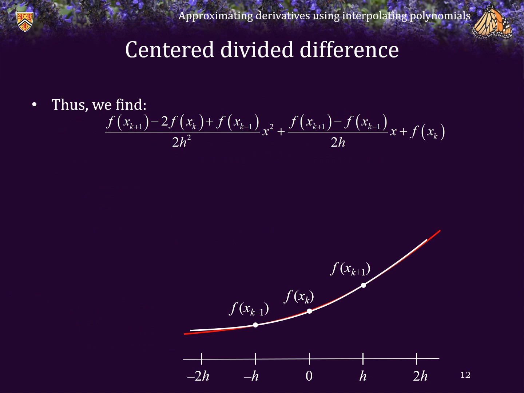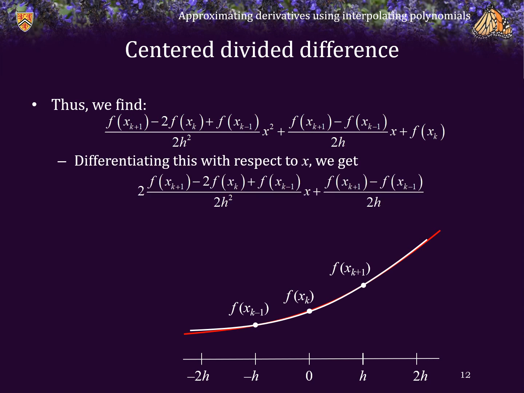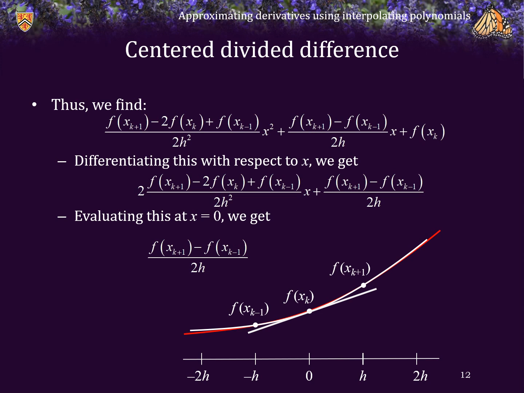Thus, we would find that the interpolating quadratic is this expression here. Now, we can differentiate this expression with respect to x to get this expression here. And what we can now do is evaluate that derivative at x equals 0.